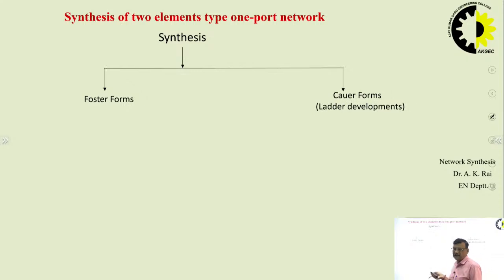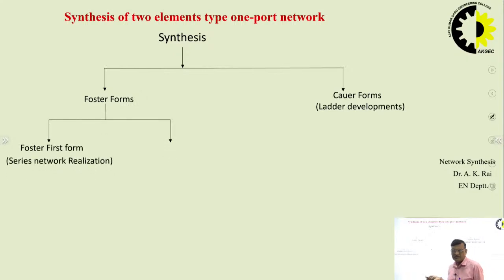Foster forms again have two forms. One is the series realization network, where components are in series, known as Foster first, and in the Foster second we have the parallel network, where elements are connected in parallel.